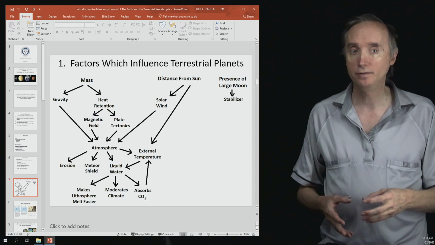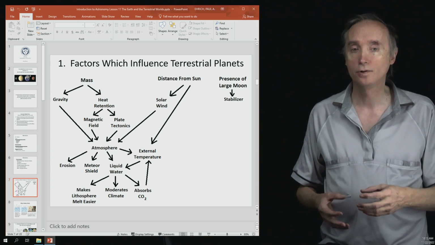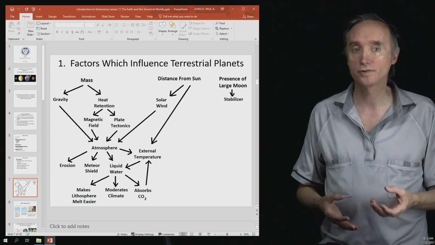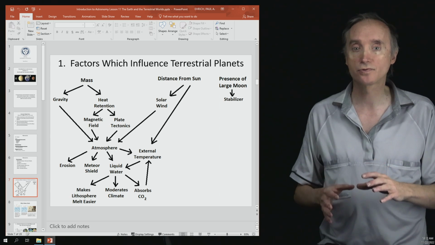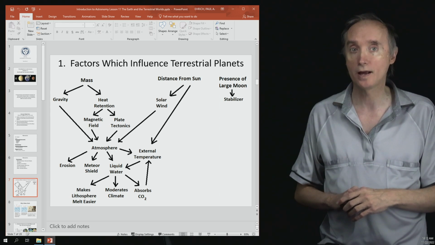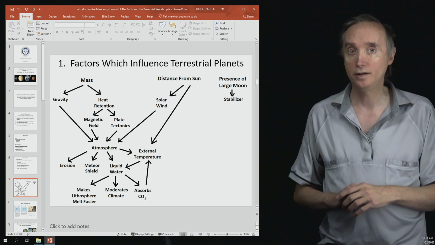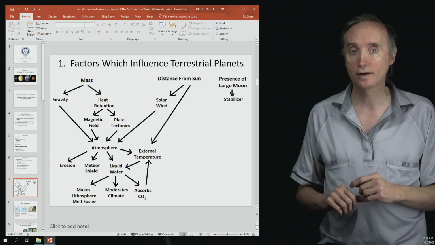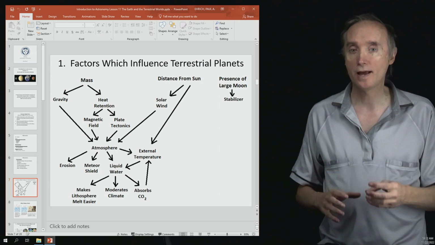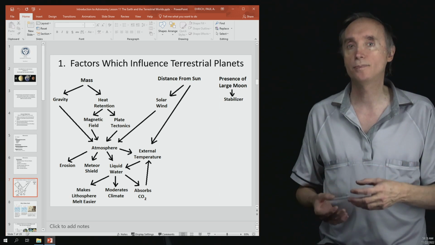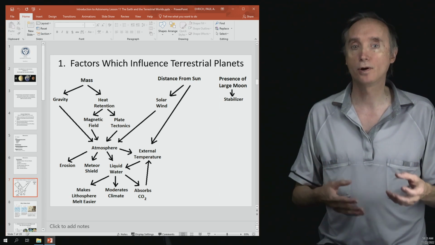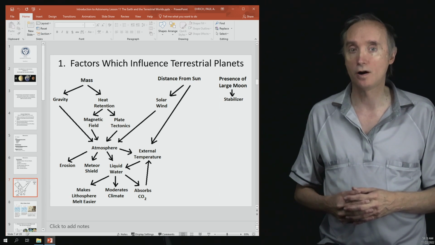The debris that comes off the sun, we call that the solar wind. It's a real wind, and it can actually strip the atmosphere off of a planet if there's no magnetic field. If a planet has a magnetic field, that's going to act like a shield to keep that solar wind from eroding the atmosphere off of that planet.